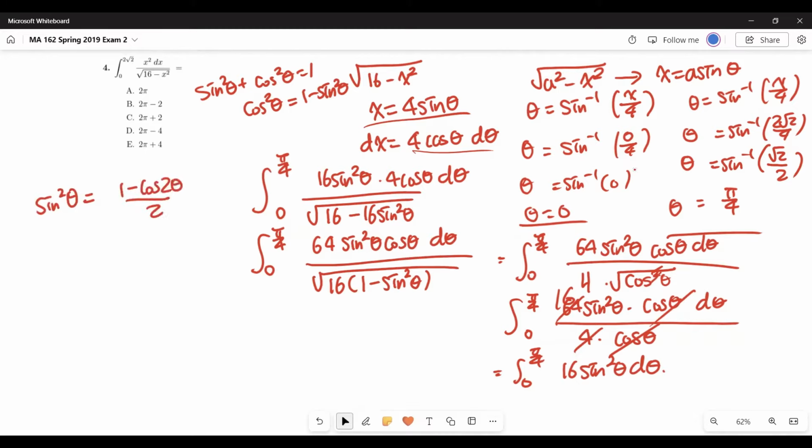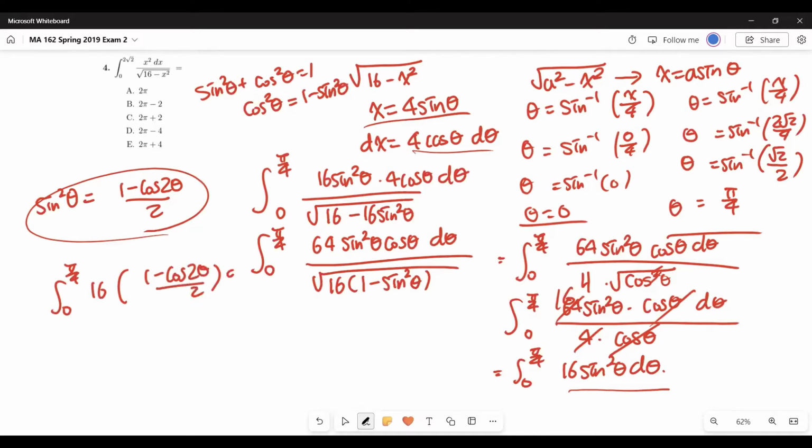So you can use that equation to solve this integral. So let's plug it in. 0 to pi over 4, 16 times 1 minus cosine 2 theta over 2 d theta. Okay, let's cancel out the 2. 0 to pi over 4, 8 times 1 minus cosine 2 theta d theta.